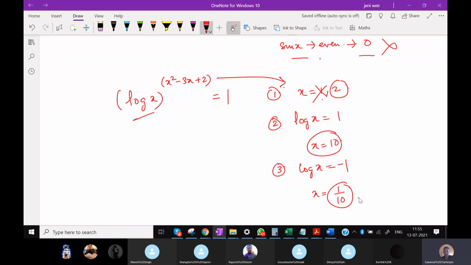But for 1 by 10, I have to check whether the exponent is an even integer. So for 1 by 10, x square will be 1 by 100. So 2 plus 1 by 100 minus 3 by 10 will not be an integer. It would be 200 plus 1, 201 minus 30 by 100, which will not be an integer. So this also will not be a solution. So the only solutions here are 2 and 10.